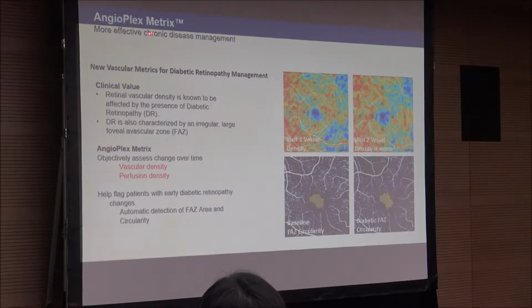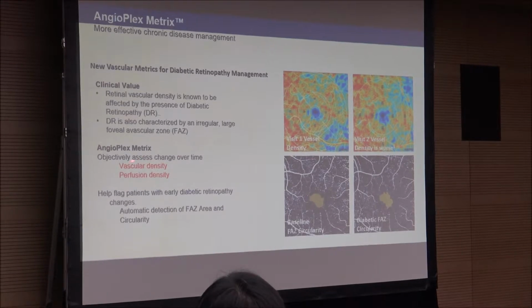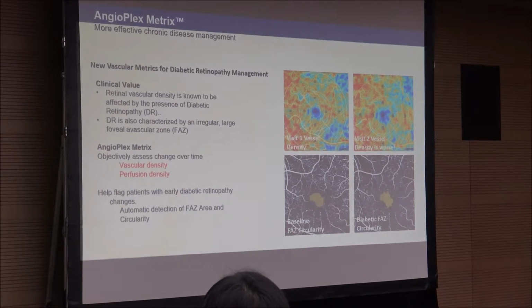So Angioplex Metrix right now can give you quantifiable metrics of vascular density and also perfusion density. Vascular density is actually the skeletal density of the vessels. And perfusion density is actually a measure of the vascular area density.